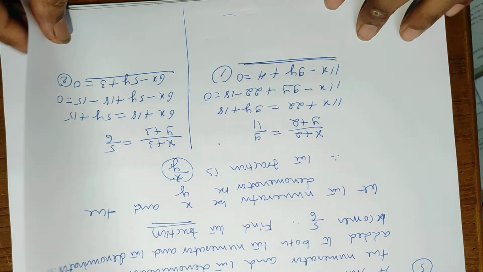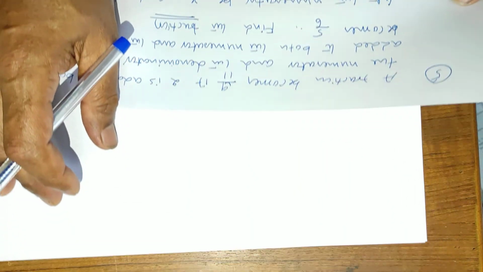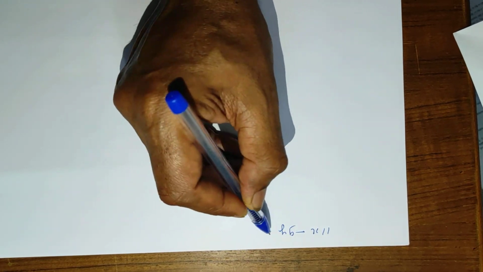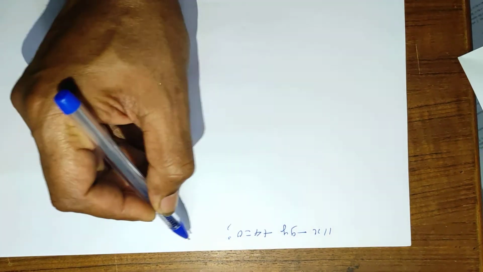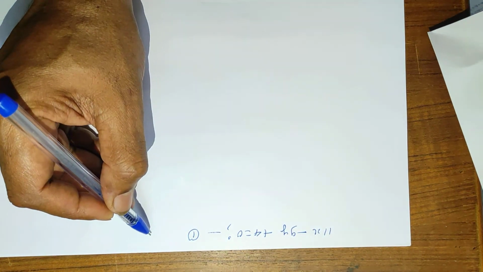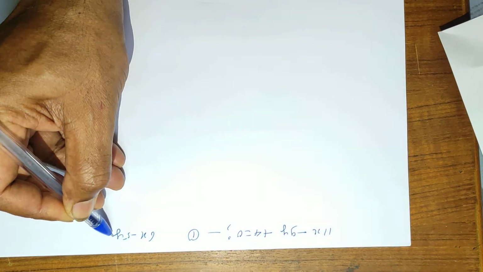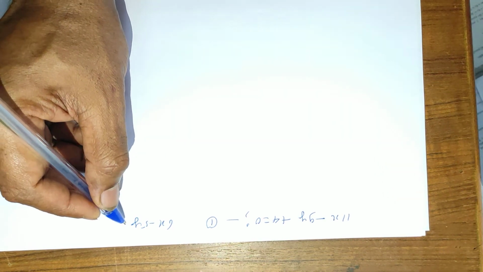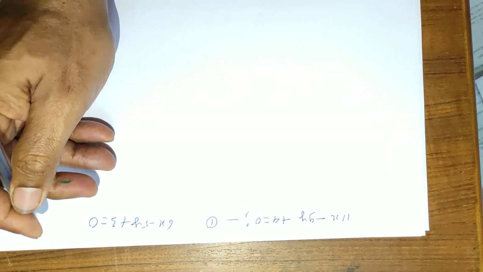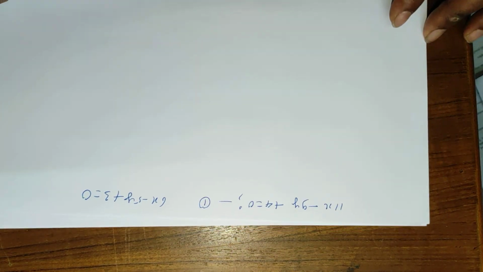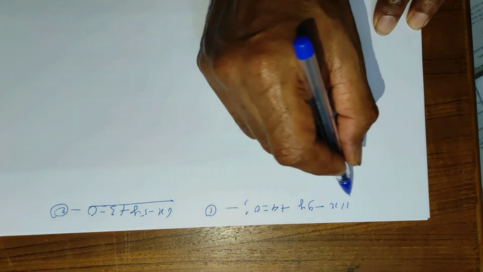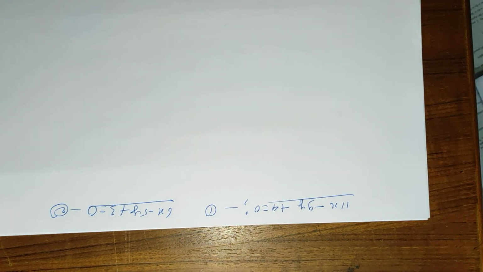So now we have to solve these equations by substitution method. 11x minus 9y plus 4 equals 0, this is equation 1. 6x minus 5y plus 3 is equal to 0, this equation is equation 2.